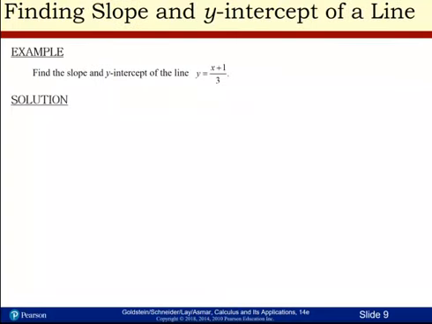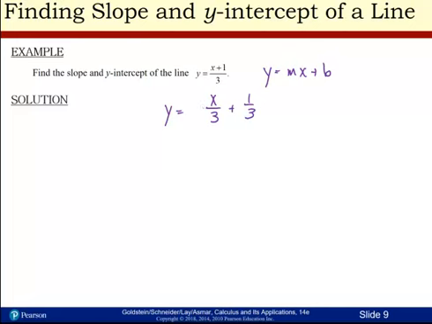Sometimes we're given an equation that is not in a real pretty form. We would like for it to read y equals mx plus b. So we're asked to find the slope and the y-intercept of the line y equals x plus 1 all over 3. We can bust this fraction by distributing the 3 so that we have y equals x over 3 plus 1 over 3.